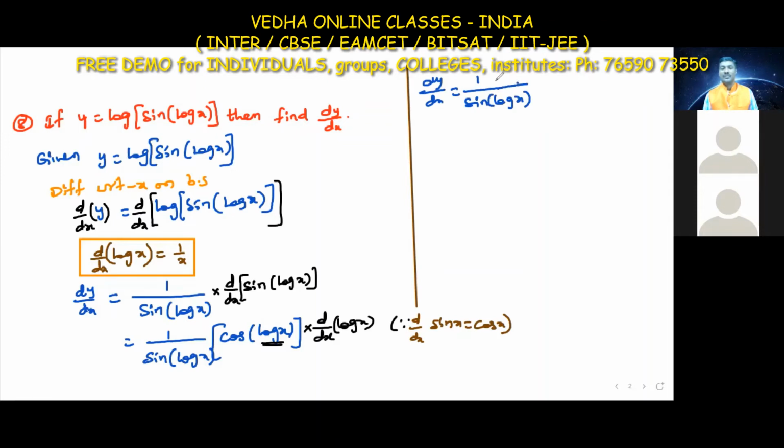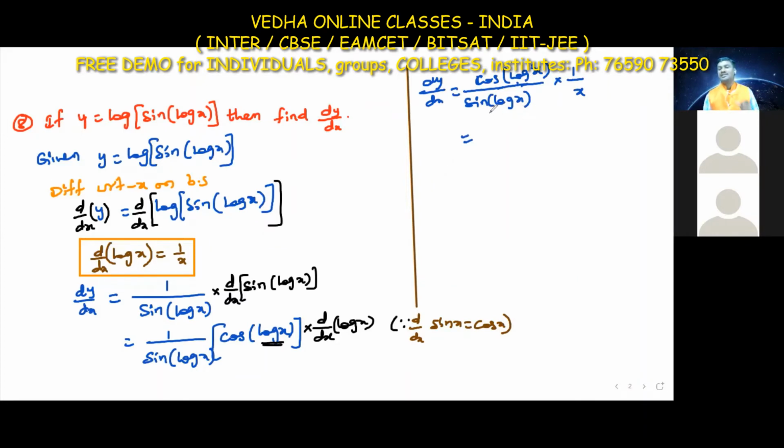Into cos of log x, we can write in the numerator also. Cos of log x into 1 is cos of log x only. Into d by dx of log x. What is d by dx of log x? Just now we used the formula here. d by dx of log x is 1 by x. So I am not writing the formula again, since we used it here only.